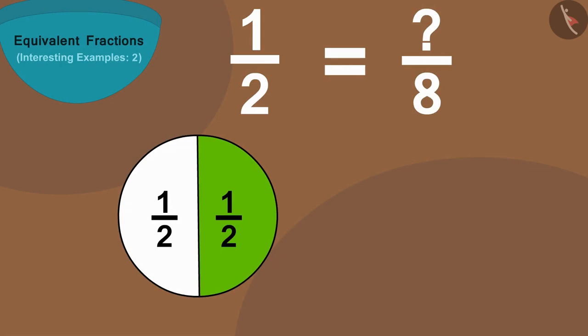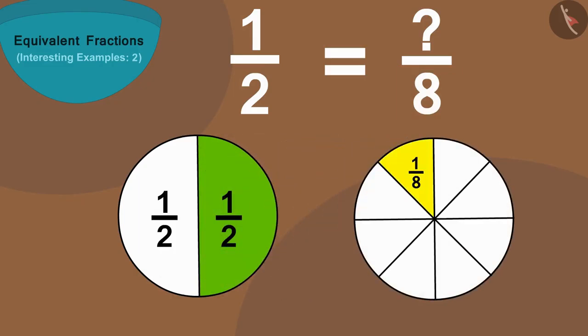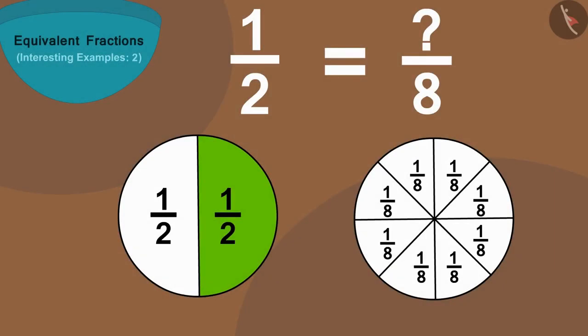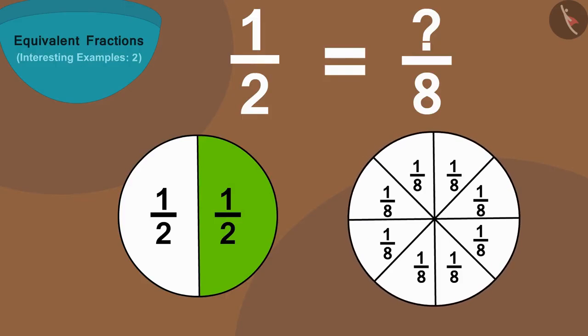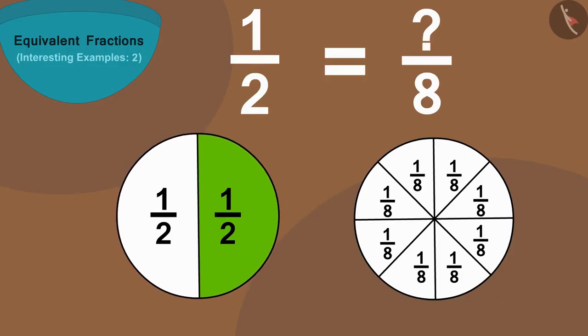Now, in this fraction, the number 8 shows how many parts of something are made. In this way, we can make a similar circle and divide it into 8 equal parts. Now, we have to find out how many parts of these 8 parts we should take so that it is equal to half of the first circle.